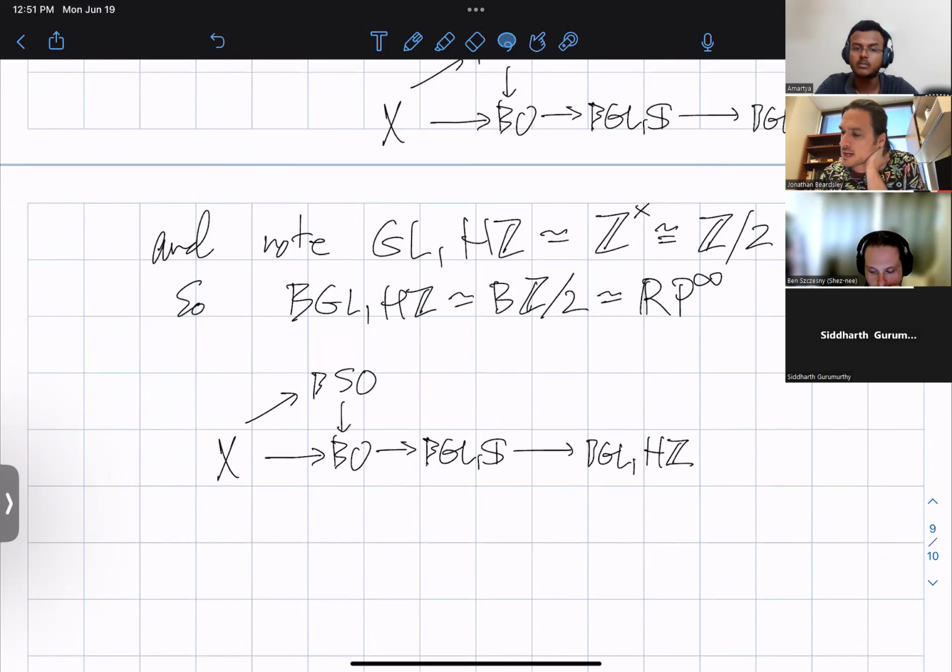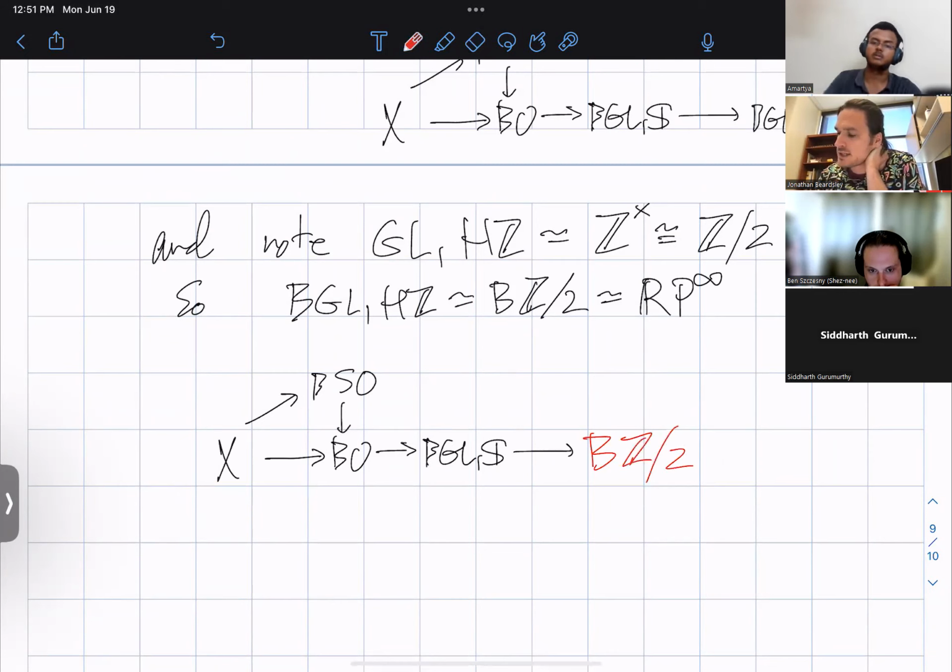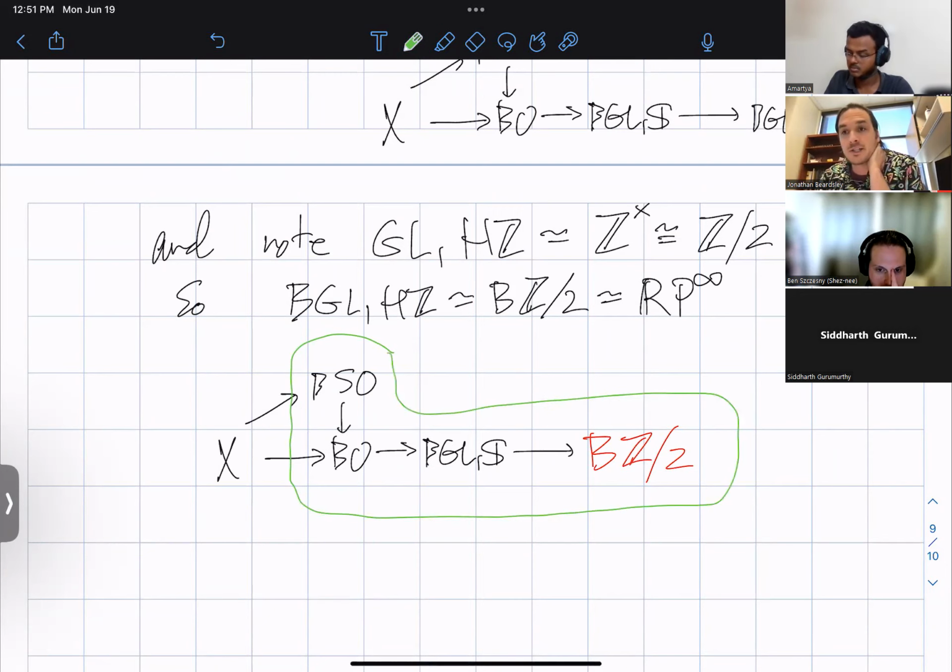So we've got this composite, but we've replaced BGL1HZ here with BZ mod 2. And then think about the internal composite here from BSO to BZ mod 2.